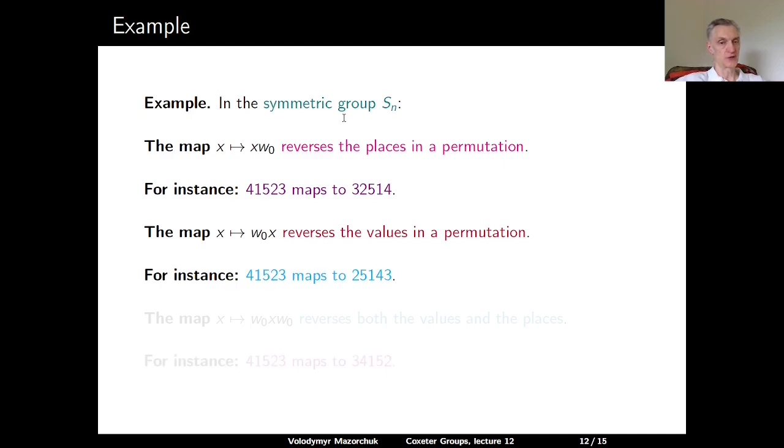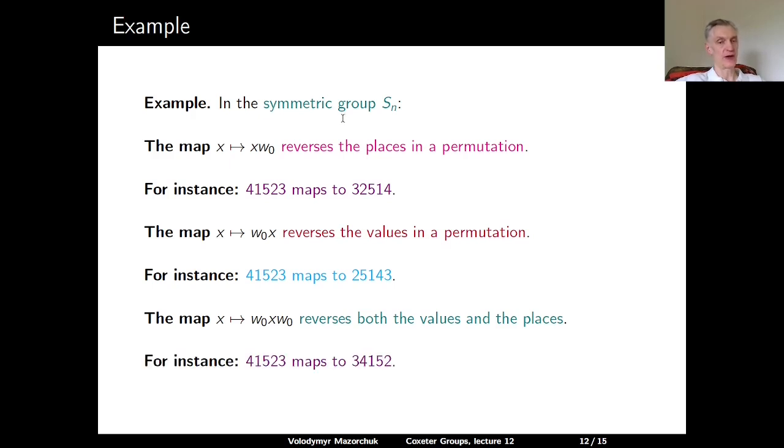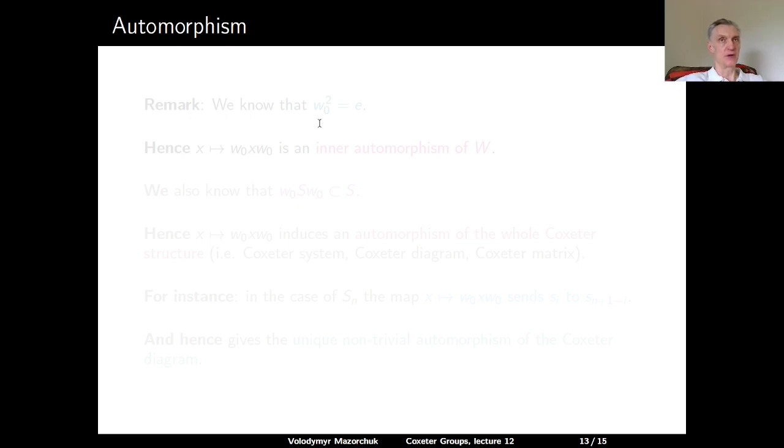So 4, 1, 5, 2, 3 goes to 2, 5, 1, 4, 3 using this map. And the map which takes x and outputs w0xw0 reverses both the values and the places. So it maps 4, 5, 1, 2, 3 to the permutation 3, 4, 1, 5, 2. So this map is an automorphism of W with respect to the Bruhat order.